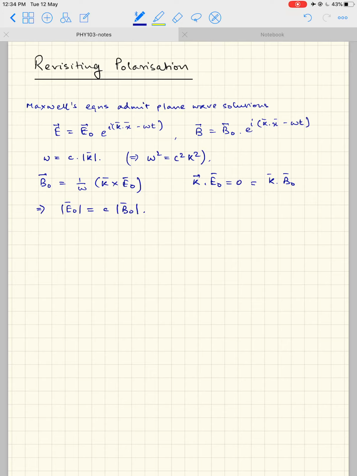So let's look at E vector being equal to E vector e to the power i omega (z over c minus t), for a plane wave traveling along the z-axis.